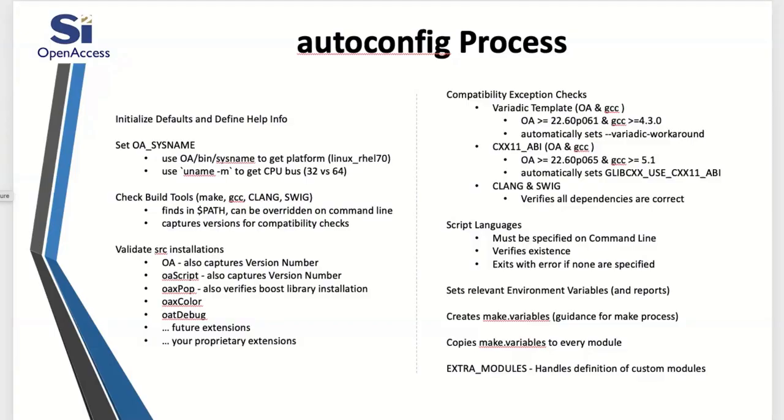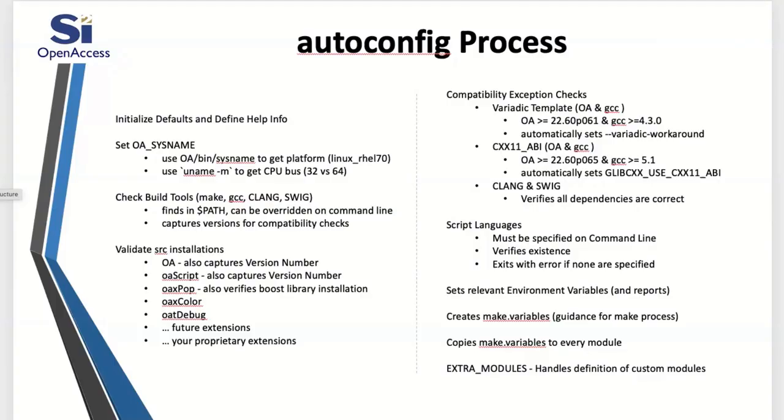Then it goes to validating the source installations, the installation of OA, OA script. These come with the package, the single package. Future extensions would be added in, and your proprietary extensions could be dropped in as well. It searches for a make file or a header file or something inside of each of these to verify that, yes, this is a valid source package.